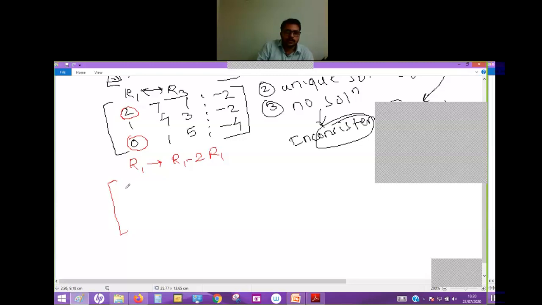Then this will be minus 1 I think, and then minus 5 is there. Then 1, 4, 3, 0, 1, 5 is there. And now minus 2 into minus of minus 2, so minus 4 into 2, 2 into 2.